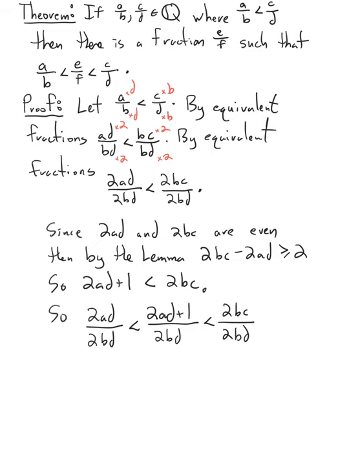So there we go. So E over F above is 2AD plus 1 over 2BD. So there is our fraction that's in between the other two fractions. And we're done.